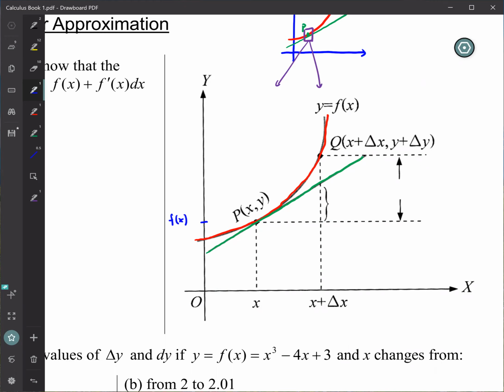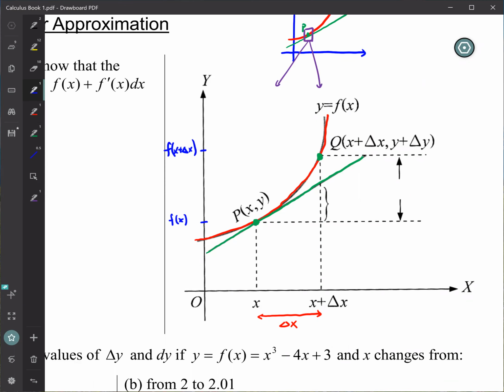And then for point Q, because the point Q is delta x away, let me draw that here. The distance on the x-axis between the 2 points is delta x. So the x value of Q is x plus delta x. And then to find the y for the point Q, that will be f of x plus delta x.